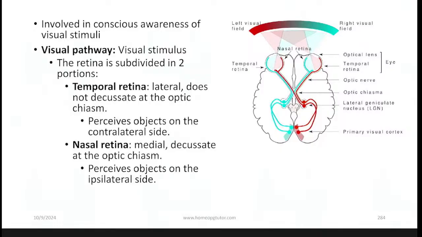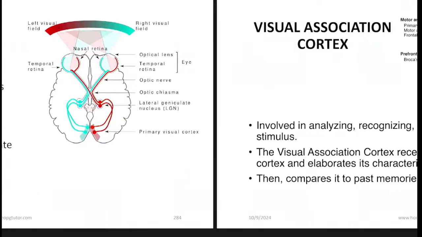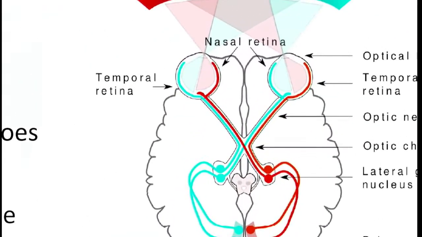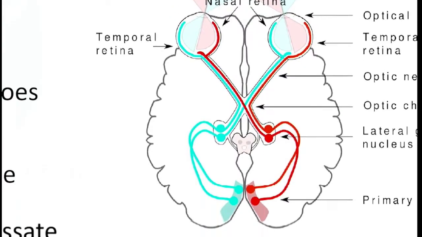Okay, we have a nasal retina as well as a temporal retina, right? See, temporal retina is basically on the lateral side, and temporal retina is the one which does not decussate, which does not cross over. The one which is going to cross over is always the nasal retina. Okay, nasal retina.